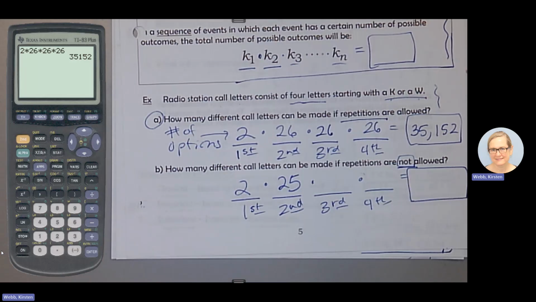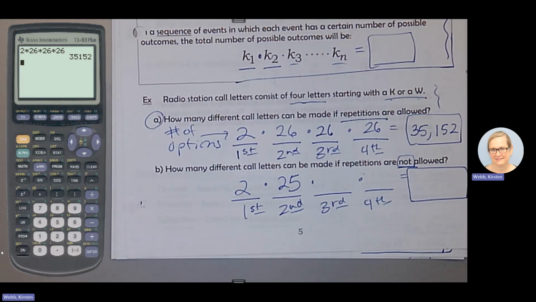Sometimes people are tempted to put 24 because of a 2. But remember, you don't ever use both of those, right? It's either a K or a W. So we do have 2 choices for the first letter, but we don't use both of them. We've only used one or the other. And then once we've selected our second letter, how many options are we going to have for the third one?